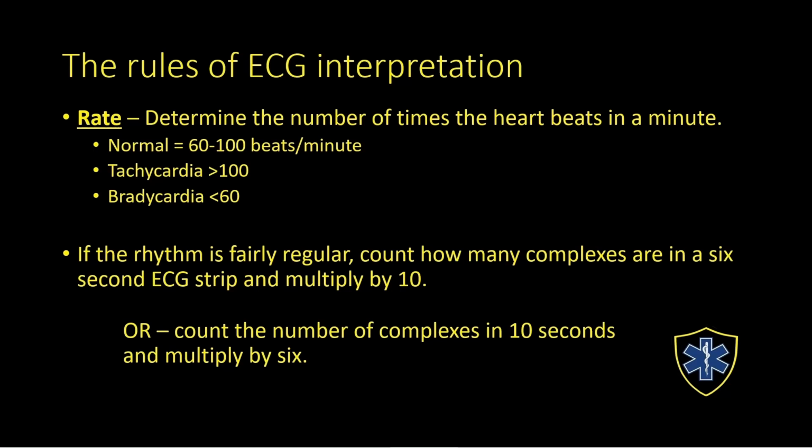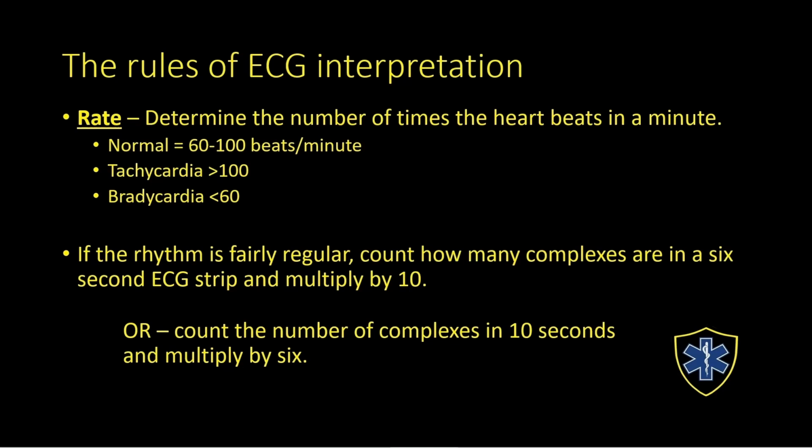So what we'll do is we'll try to count out the number of complexes we see in each minute. Now, if the rhythm strip is fairly regular, we may count how many total complexes there are in a 6-second EKG printout and multiply that by 10 to get the minute count. However, if it's slightly irregular, we may want to count how many complexes there are in 10 seconds and multiply by 6, as that would give us a little bit more of an exact answer.